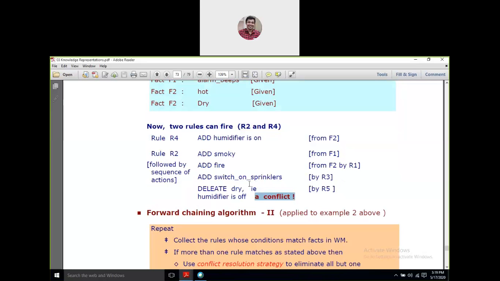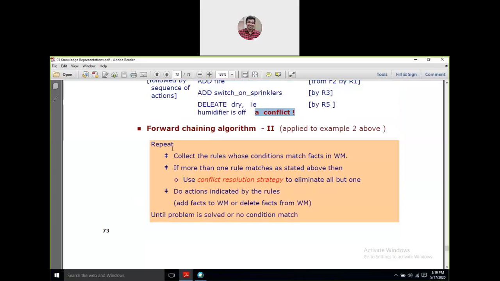So what can be done here? Now we have a modified forward chaining algorithm, or forward chaining algorithm 2. The first step remains the same. That means I have to repeat all these steps until we reach our goal condition. That means collect the rules whose condition matches facts in the working memory. I have said previously what you have to do here.